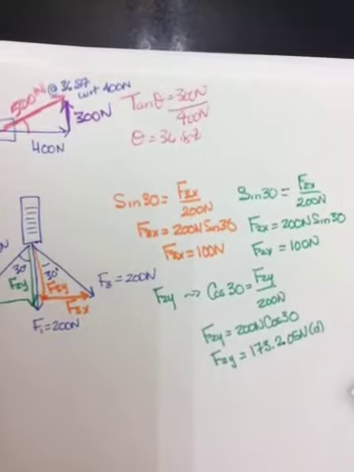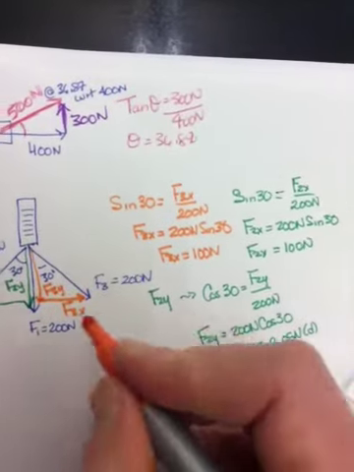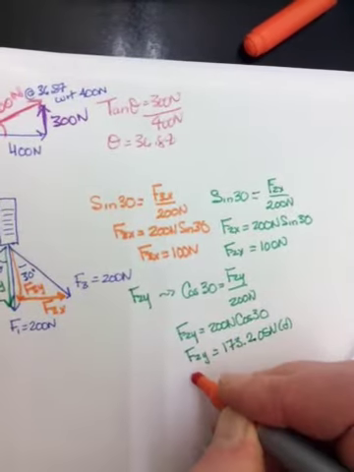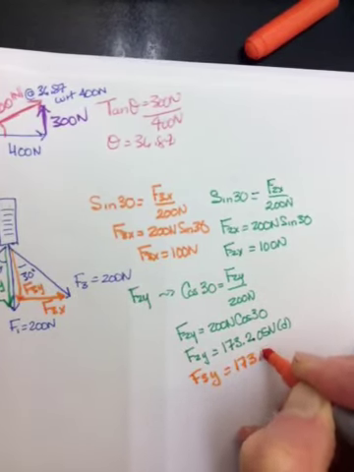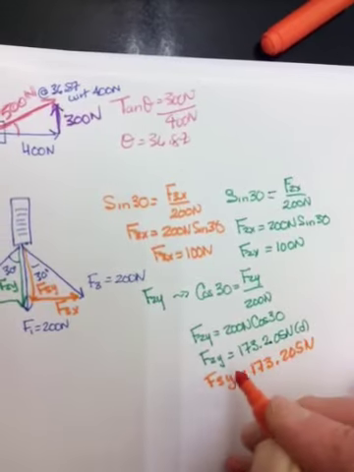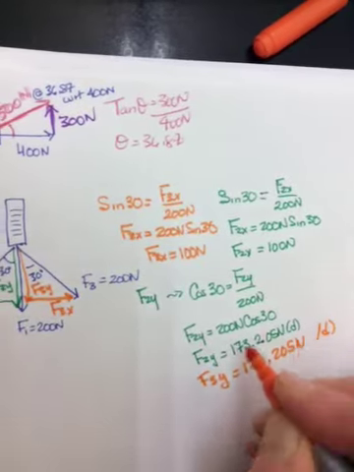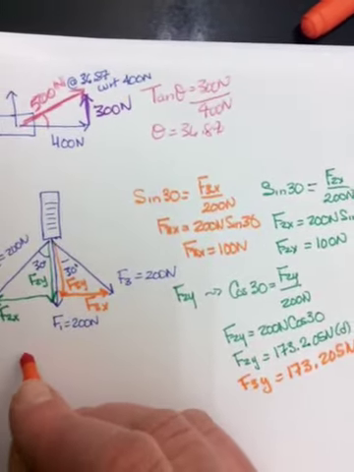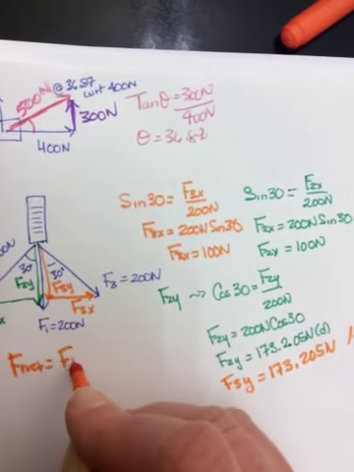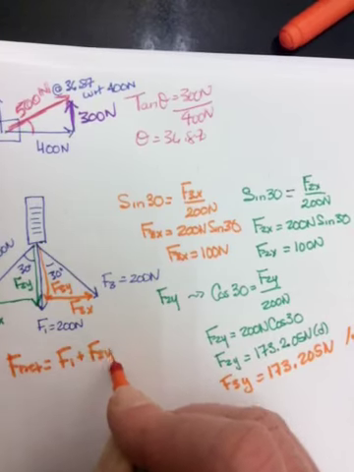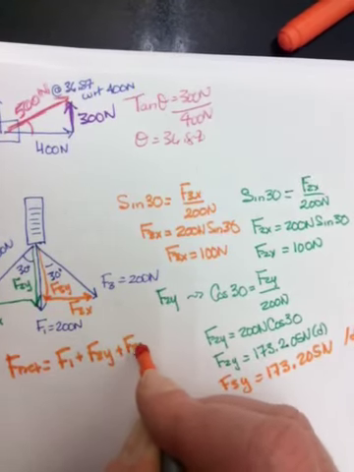F3y is going to be exactly the same thing, okay, because it's also going down. So F3y is also 173.205 newtons. So these two are both going down, and so is the 200. So the net force on the scale will be F1 plus F2y plus F3y.